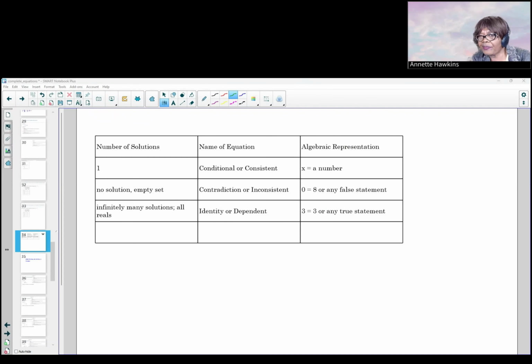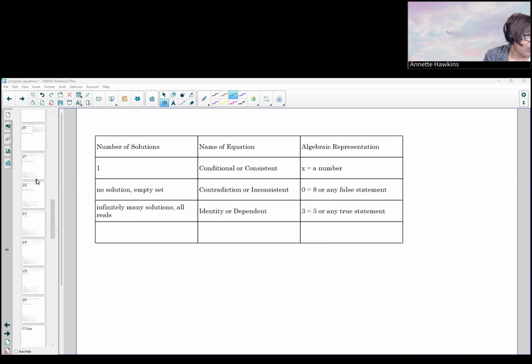All right. Any questions about that? So you can get a solution, no solution, or you can get infinitely many solutions.